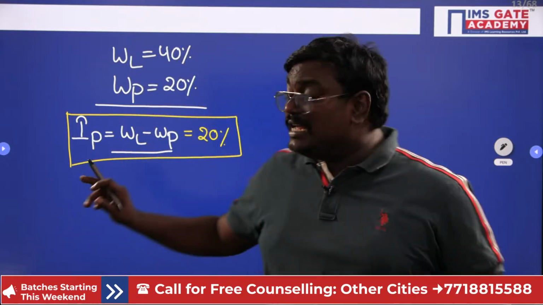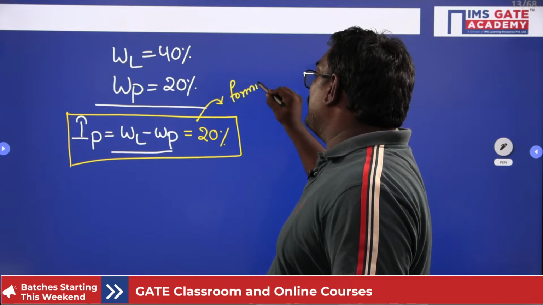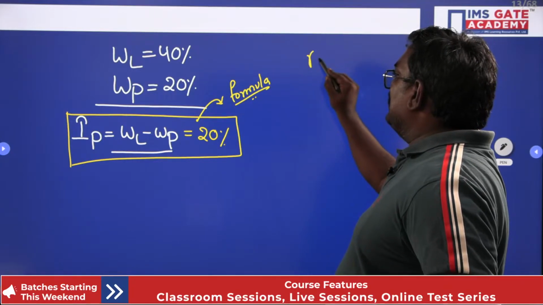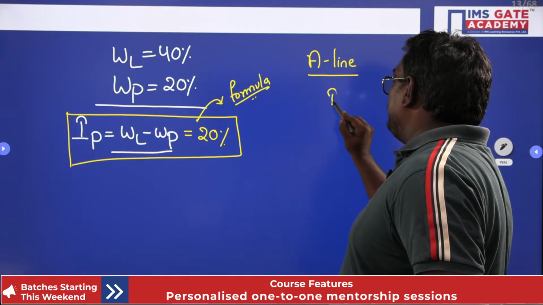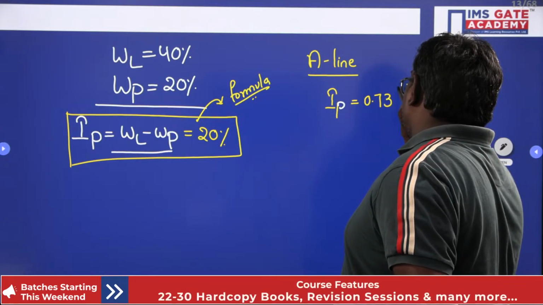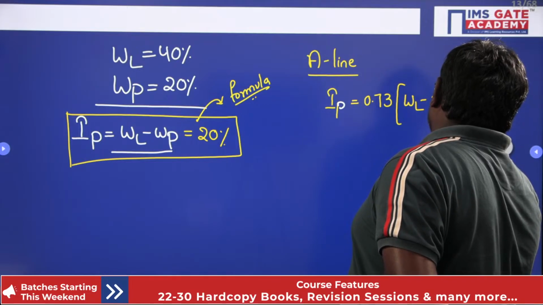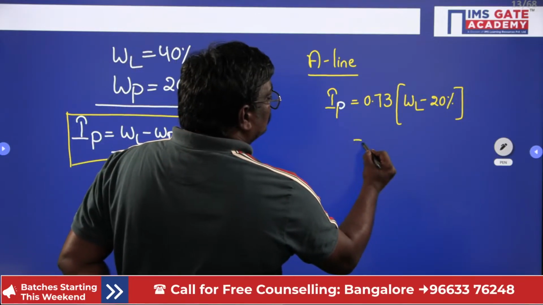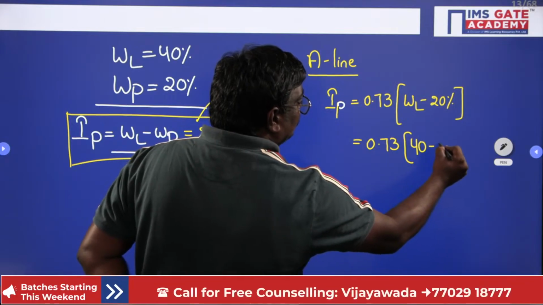Sir, is this IP value from the formula or the actual IP value? If you see from the A line, IP is given by the formula 0.73 into liquid limit minus 20%. So here in this case, this can be written as 0.73 into 40 minus 20.